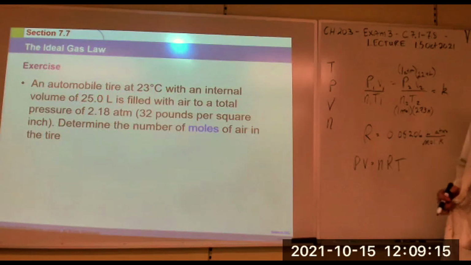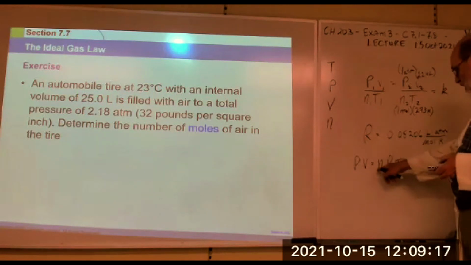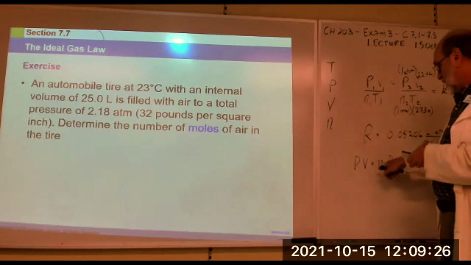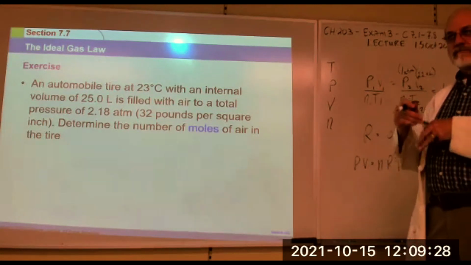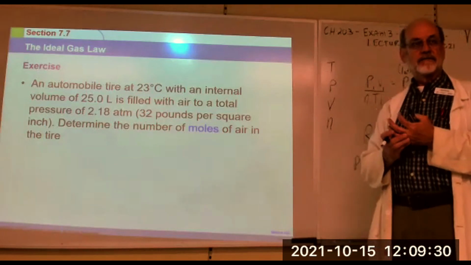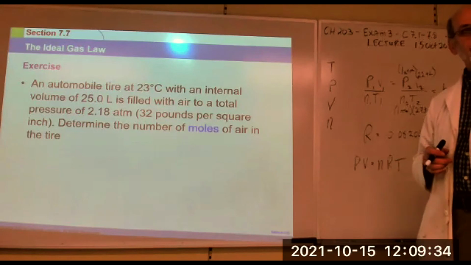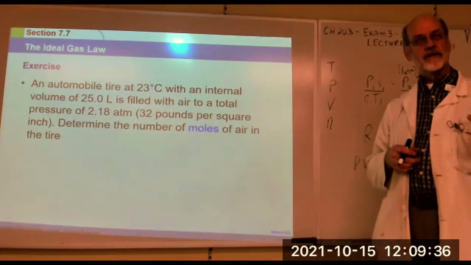And how do you know what units to use? Well, you look at the R, the constant. We need liters, atmospheres, moles, and K. Because R pops up in all kinds of equations, and the units of measure for R are different for some other equations.